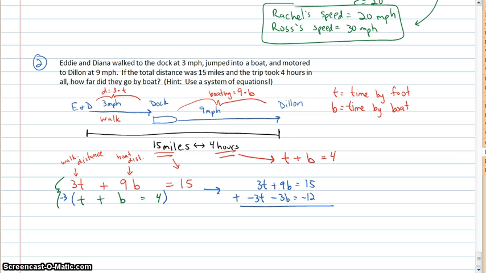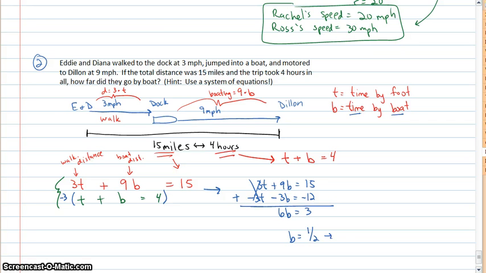Add these together. I have 6b equals 3, which means b equals 1/2.